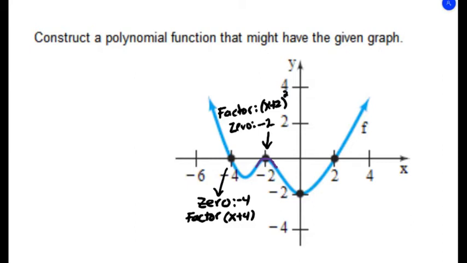And it might not have two factors, but we do know that it's going to have an even number of factors. So because the graph touches at that 0, we're going to have an even number of factors instead of an odd number of factors.